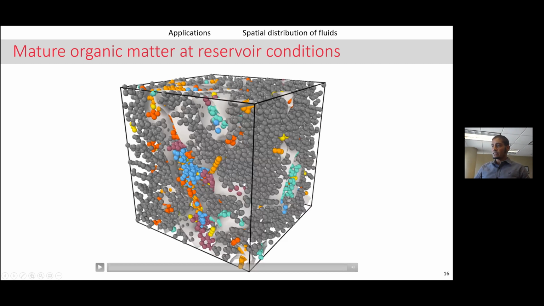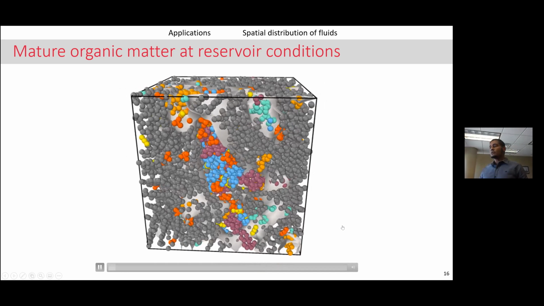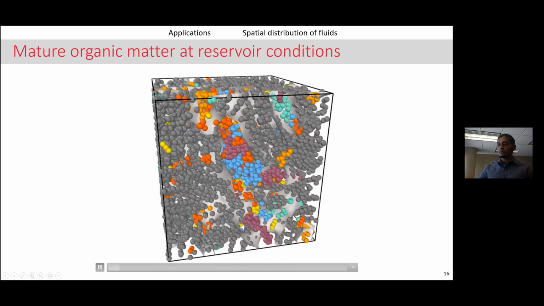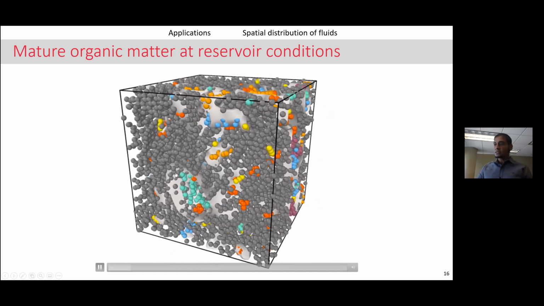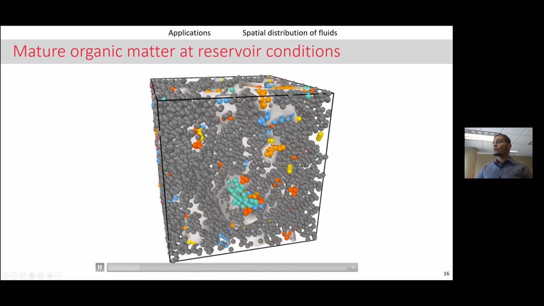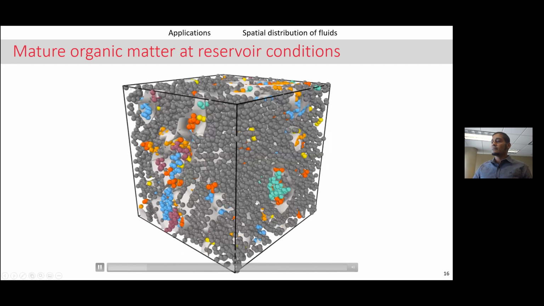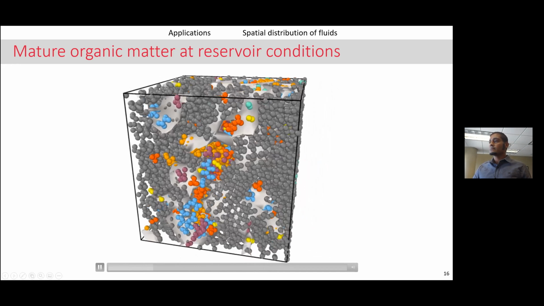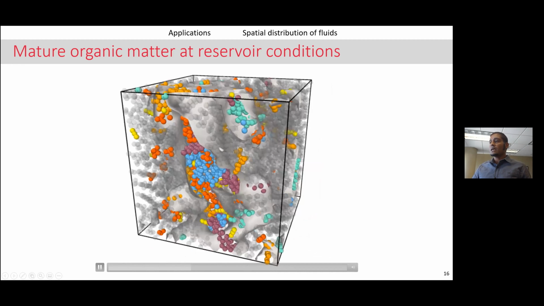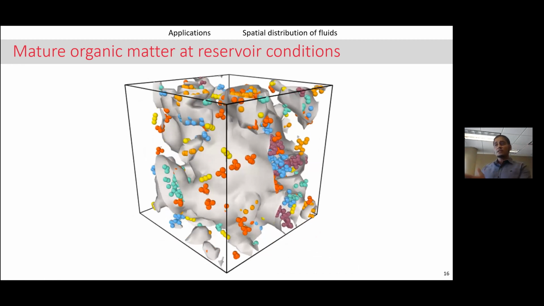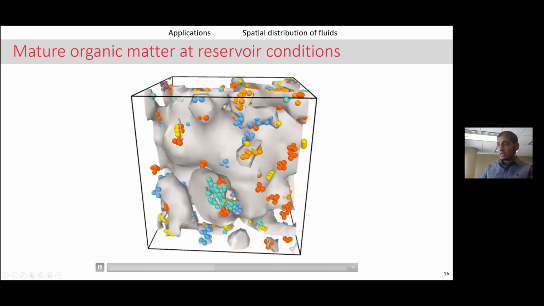So we started off with this kerogen model with the fluids sitting in the pore spaces and these gray surfaces being the pore surfaces. So, we're going to turn this around, and you can see that the fluid molecules are residing in the pore surfaces, inside the pores. Again, fluids residing inside the pores. And now I've removed all of the kerogen atoms, and you're just looking at the pore surfaces and you're looking at the fluid molecules.